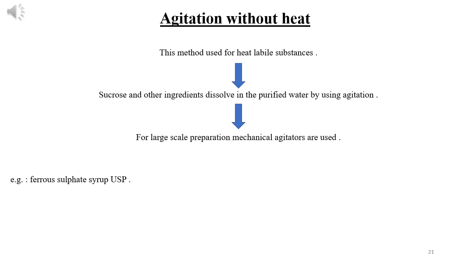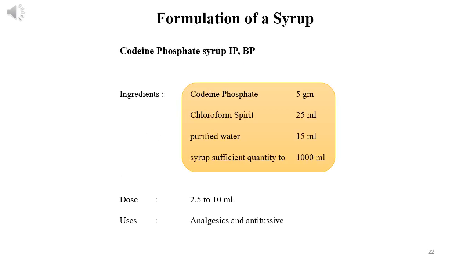As I told earlier, USP stands for United States Pharmacopoeia. Here is a formulation of a syrup: codeine phosphate syrup IP and BP. IP stands for Indian Pharmacopoeia and BP stands for British Pharmacopoeia.